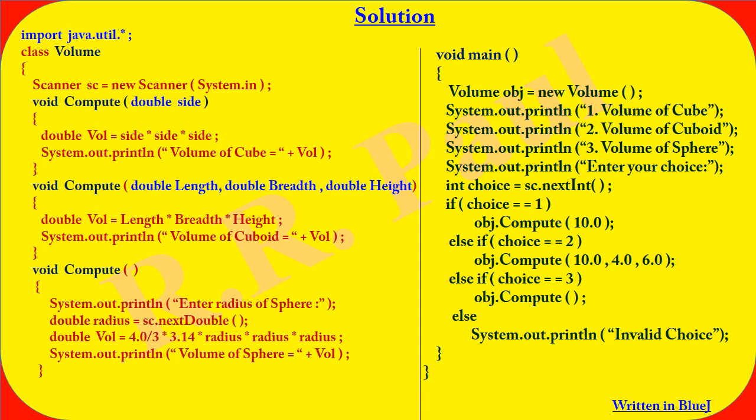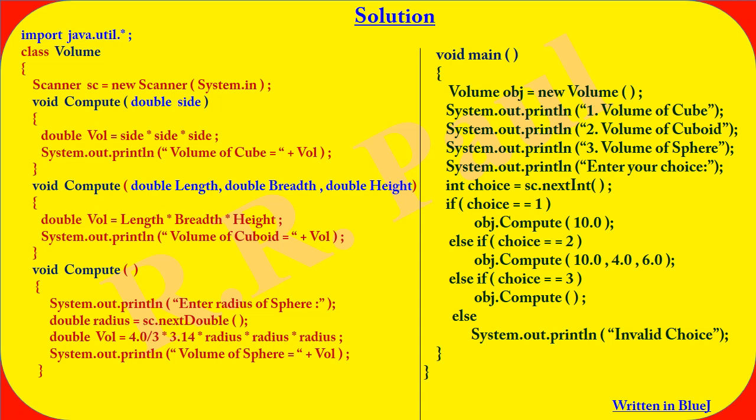In the left hand side part of the program, you can see minor changes, as a scanner class object is being created to accept the value in the function. Function signatures are taken the same way as they were in the previous program. But a major change is there in the main function. As you can see, after creating the object, a menu is being provided and the user is being asked to enter his or her choice.